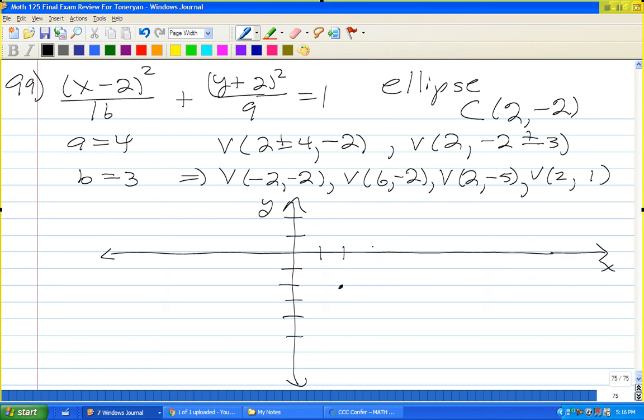And so I go 4 in the x, so 1, 2, 3, 4, in the x, and 3 in the y, so 1, 2, 3. And this is my ellipse, as best I can draw it. And so this is the center at 2, negative 2. And these are my 4 vertices.